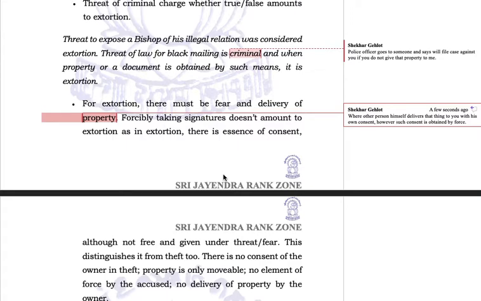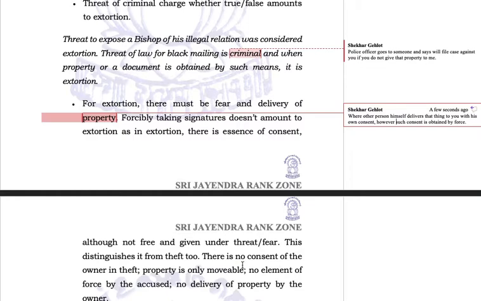Consent is the essence of extortion, that someone consensually gives it to you, although not free and given under threat of fear. This distinguishes it from theft too, because otherwise it will be a case of theft. When you are taking someone's property without his consent, that is theft. But when someone himself is giving you his property, that is extortion.